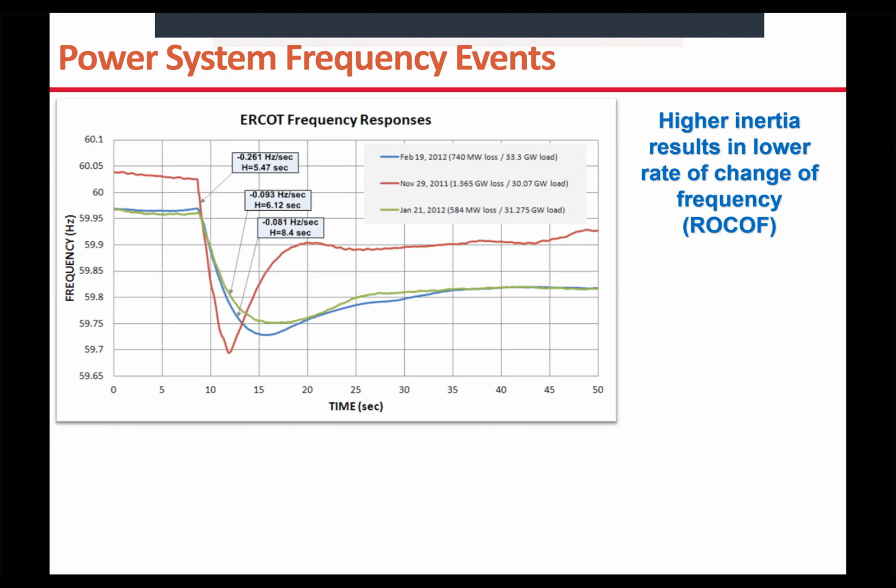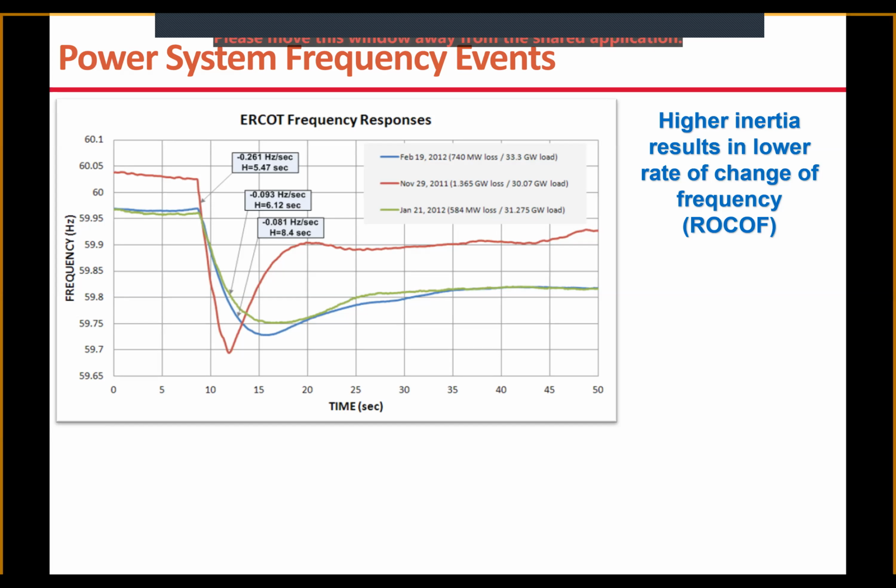In this red curve, as an example, the red curve has the highest penetration level. We have much more wind generation in the system in this case, okay?